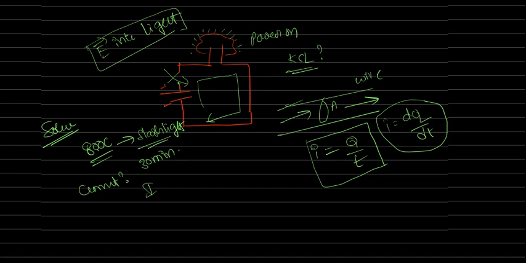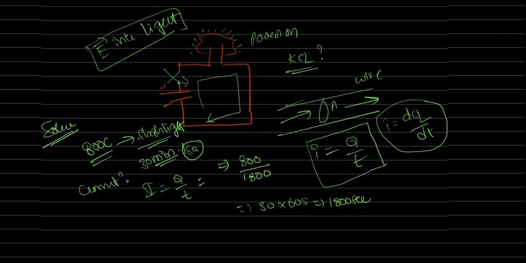As usual we have a formula, I equals q by t. First convert the minutes into seconds because we are interested in seconds. So 30 times 60 seconds per minute, which would be 1800 seconds. Our charge is 900 coulombs, so let's say 900 C by 1800 seconds.